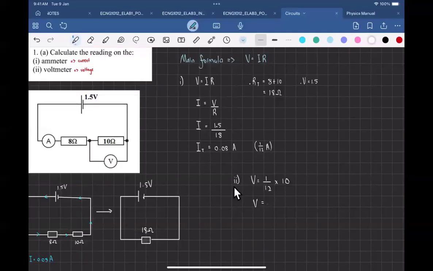What is it as a decimal? Justin. Somebody tell me what is 1 over 12 times 10 as a decimal? Justin, I seen you unmuting, but I'm not hearing you. Kirsten, can you tell me what 1 over 12 times 10 is as a decimal?